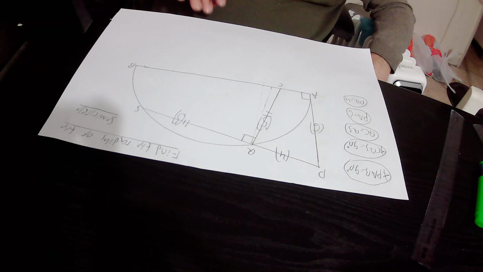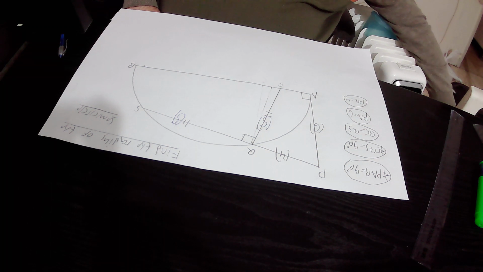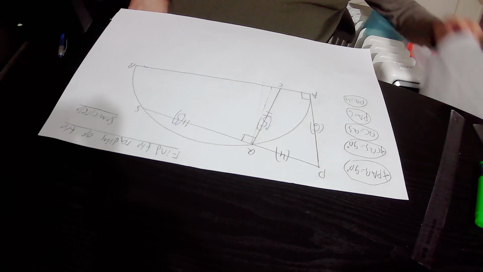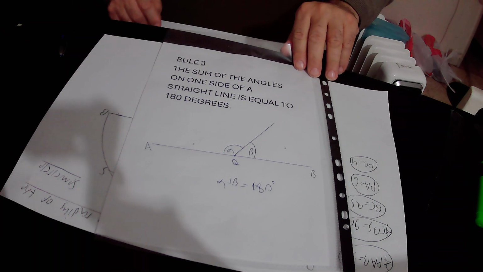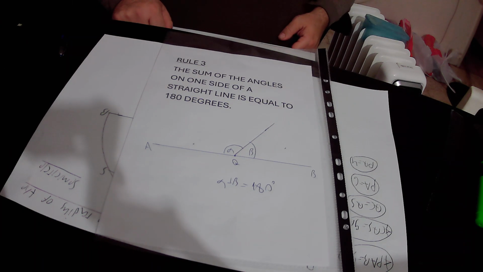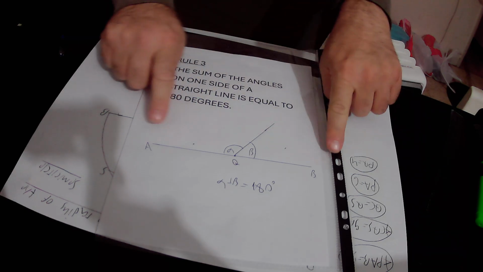In the next step, I will present to you rule number 3 and we will implement rule number 3 in our drawing. According to rule number 3, the sum of the angles on one side of a straight line is equal to 180 degrees. So in the drawing we have the straight line AB.